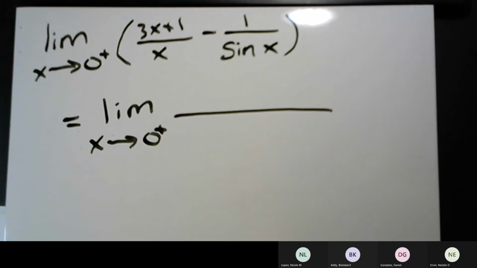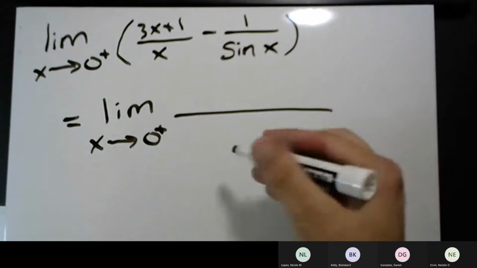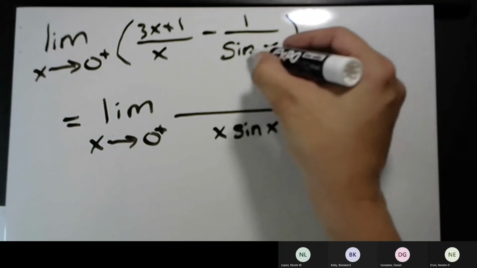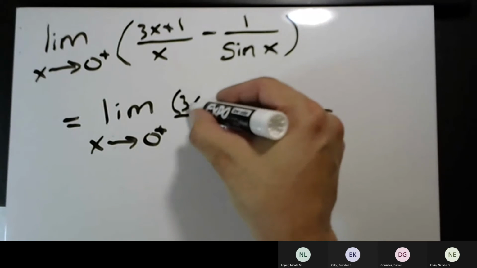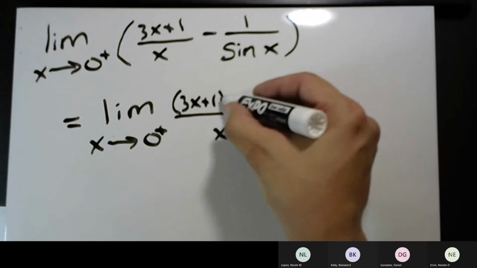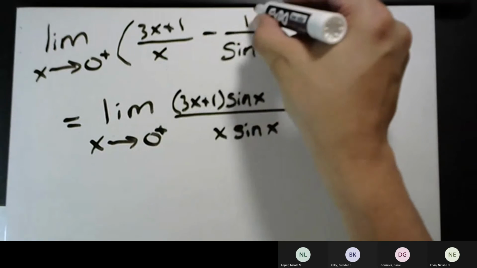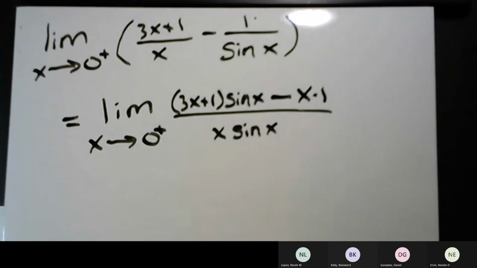A little trick you can do, I always found this helpful: you can multiply across to get your denominator. Multiply crosswise, and multiply crosswise again, and there's the sine x times 1.